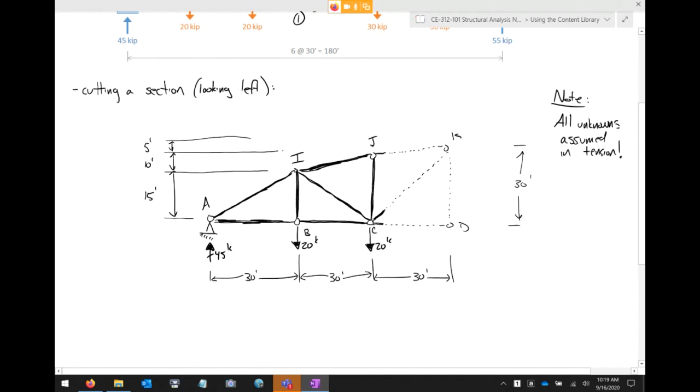And let me say this, that probably isn't as absolutely necessary. Hold on, let me get to your question here a second. That probably isn't as necessary, the assuming in tension for this problem, because usually by this point you could probably look at these trusses and kind of figure out which members are in tension and which members are in compression, but I'm just going to do that for the sake of consistency.